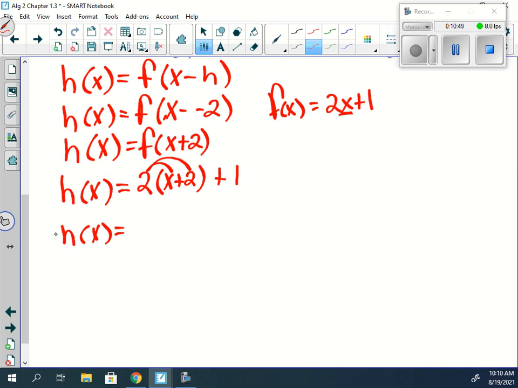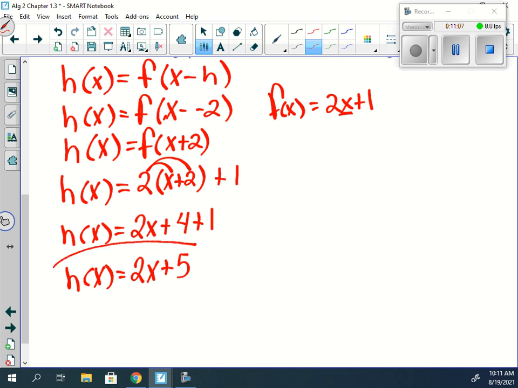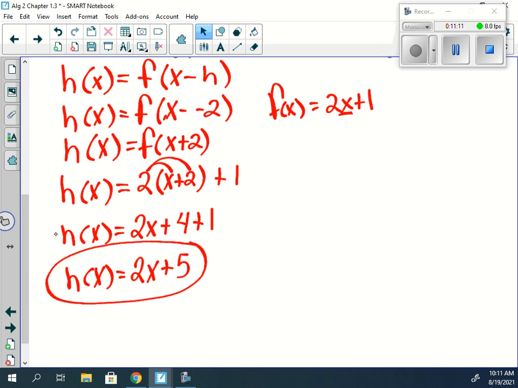We can distribute the 2. 2 times x is 2x, plus 4, plus 1. Combine those like terms. And we get this here.